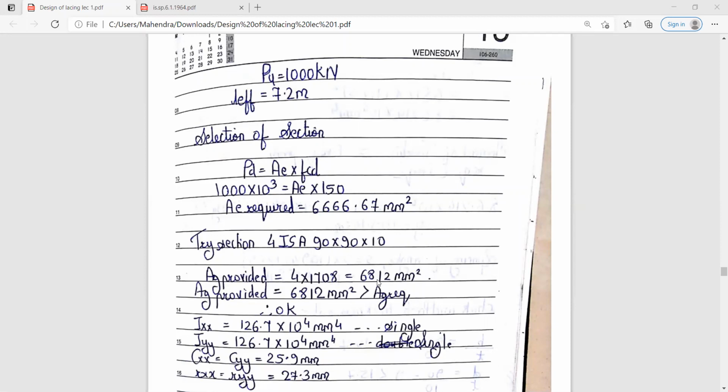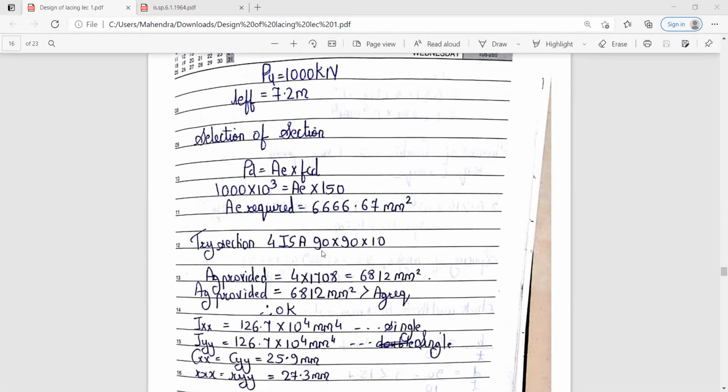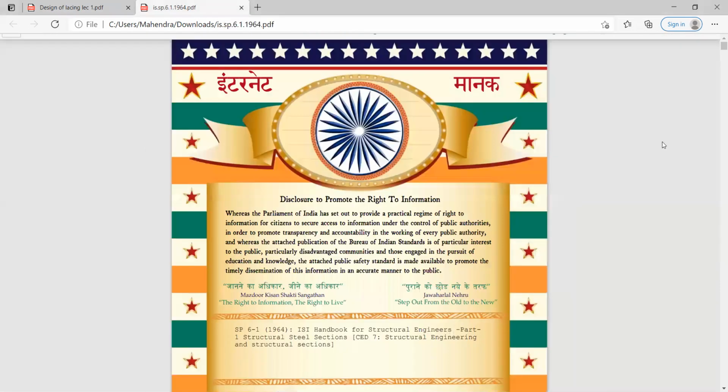Now from the page number 10 and page number 11 of your steel table, you can take all these values for the ISA 90 by 90 by 10. That is IXX आपको मिलता है 126.7 into 10 raised to power 4 mm raised to the power 4 for single, and IYY I will show you.